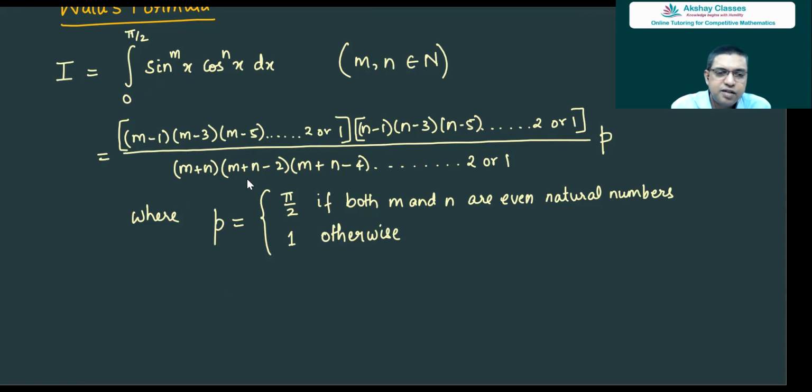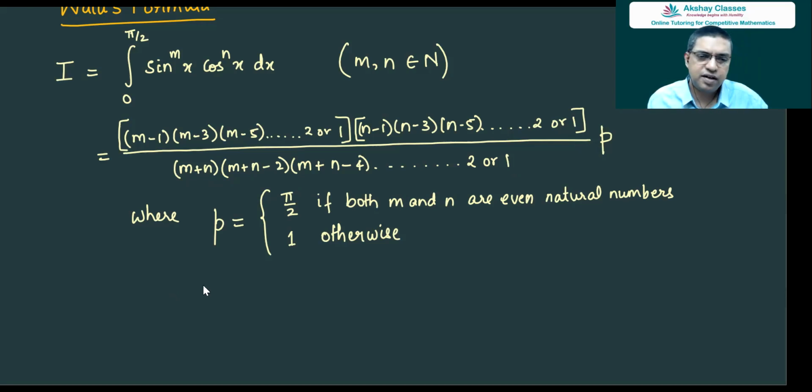However, for the denominator, we don't reduce either m or n. We just add them, m plus n, and then keep taking the alternate numbers. And p will be pi by 2 if both m and n are even.